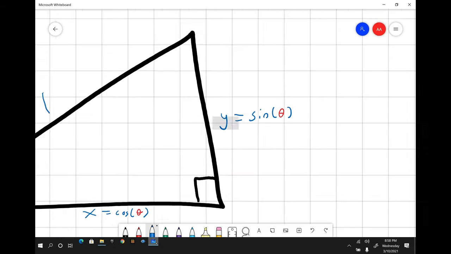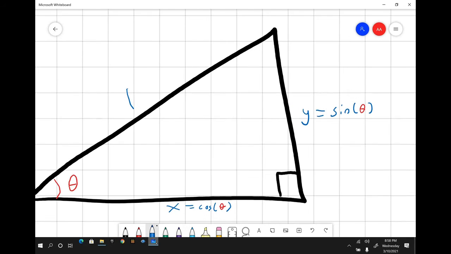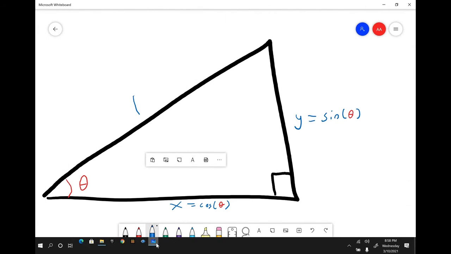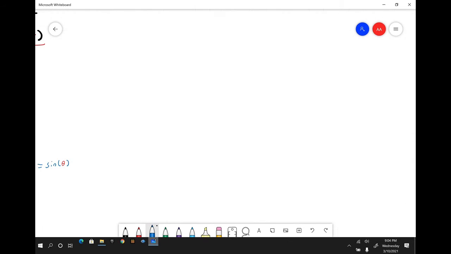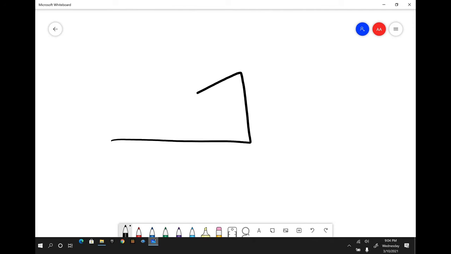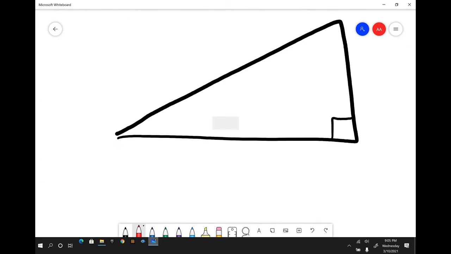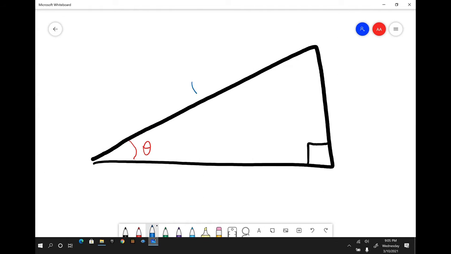And using the idea of cosines and sines, we can solve for the sine of the sum of two angles. Now I'm going to draw the same right triangle as we had before. And this will be the right angle, and this will be angle theta, and it'll have hypotenuse length 1.